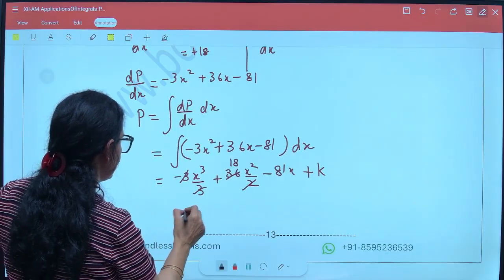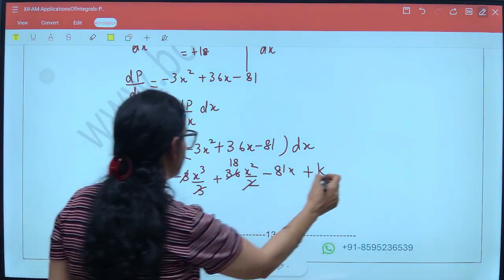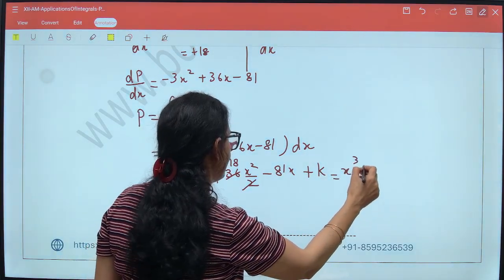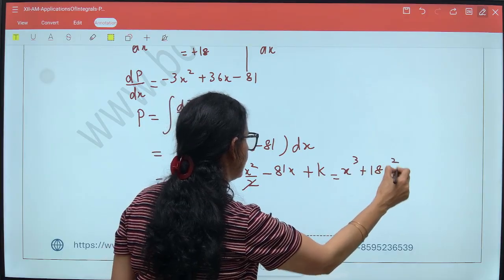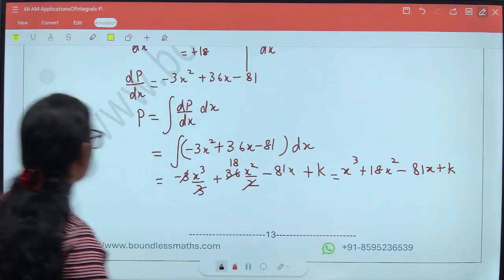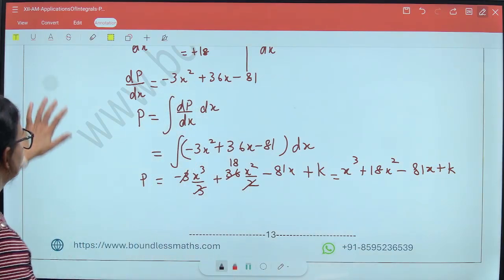So that means we get, what is this total function? Minus x cube plus 18x square minus 81x plus k. Now this is the profit function that we get.